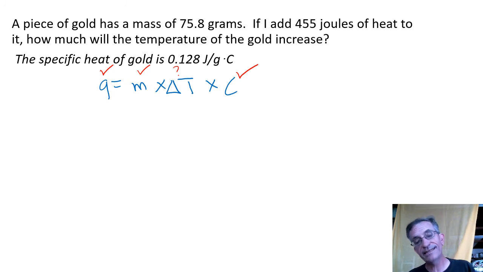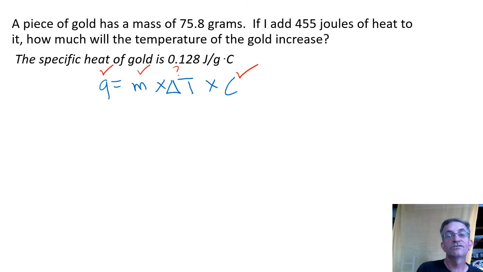So the only other thing I need to do is plug in the numbers that I have. This time I'm going to have to do a little rearranging, though, because delta T is not by itself. But let's get started by putting in the numbers.